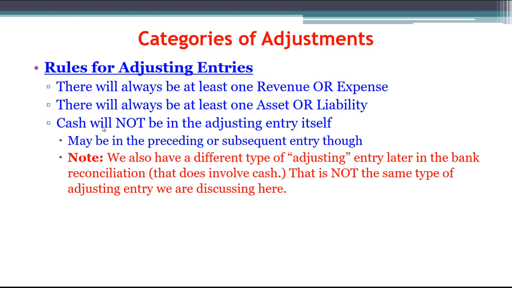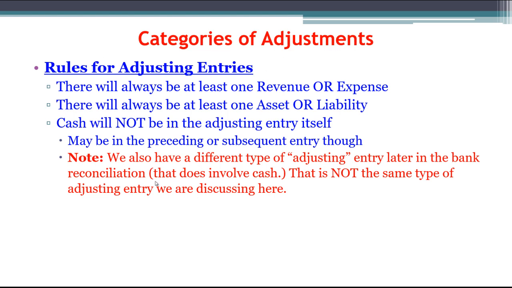But I do want to stress one important thing here. We're talking about these accrual-based adjusting entries, and there are 4 of them we're going to get into. 2 main categories with 2 apiece underneath those categories. There is a different type of adjusting entry that comes up in the next module. It's related to the bank reconciliation. Completely different situation. Even though they call it an adjusting entry, it's not the same type of adjusting entry.